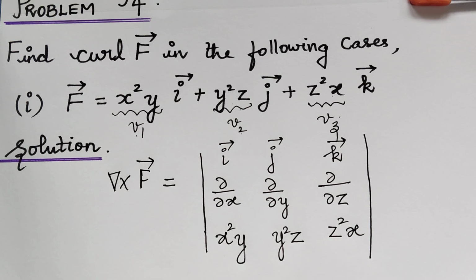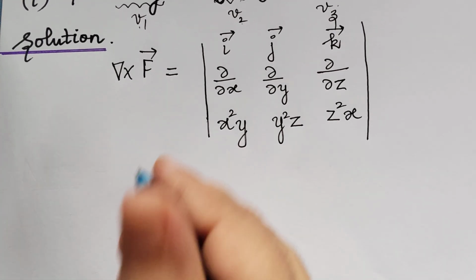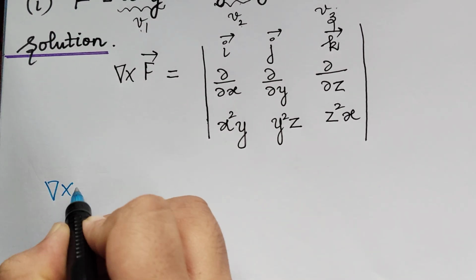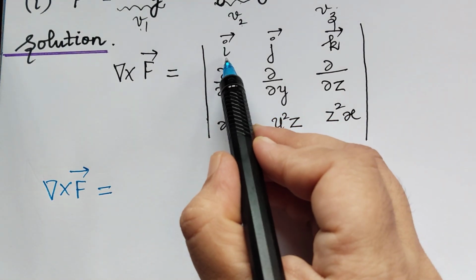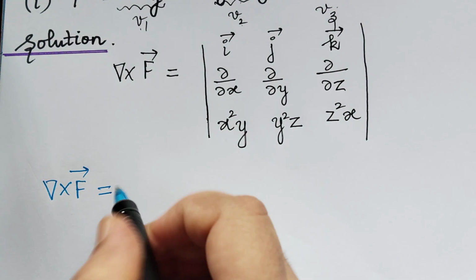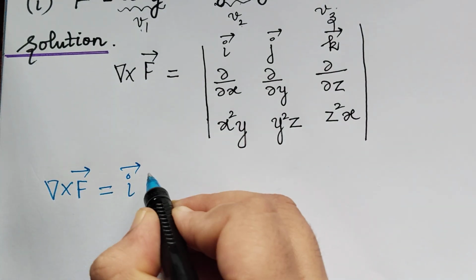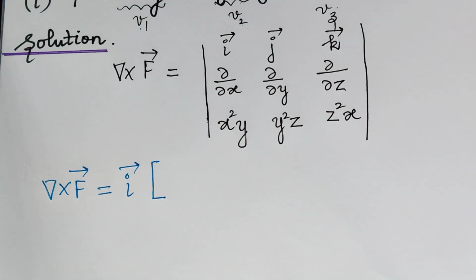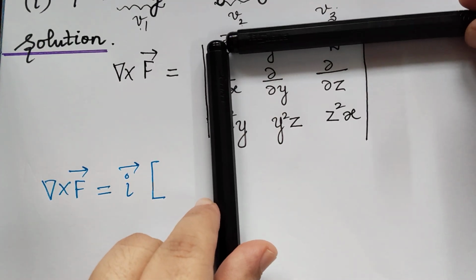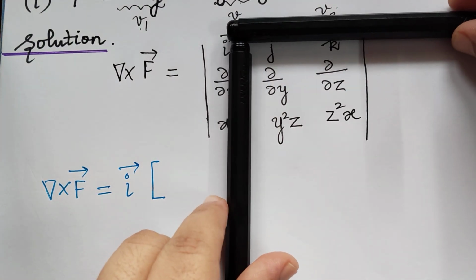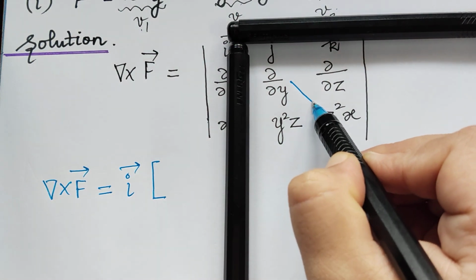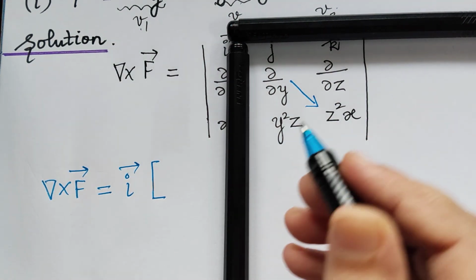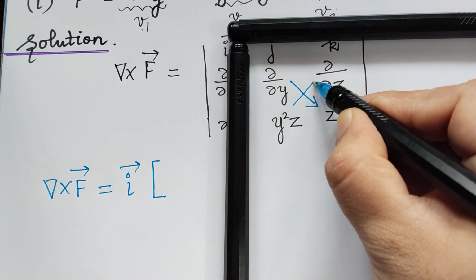So nabla cross f is equal to, first, i vector multiplied with the determinant left after blocking the corresponding row and column, that is ∂/∂y of this minus this.